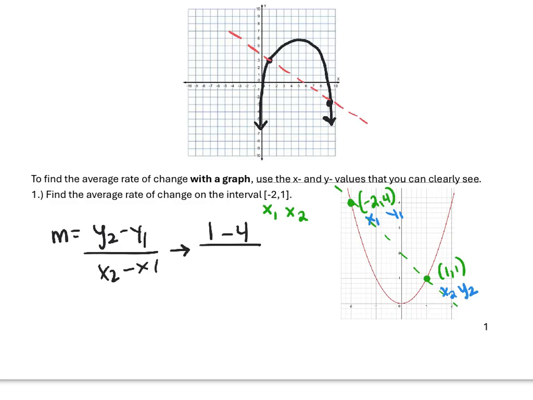Sorry, y1 is 4. And then x2 is 1 minus x1, -2. Those become pluses. 1 minus 4 is -3. 1 plus 2 is +3. So the average rate of change over that given interval is -1.